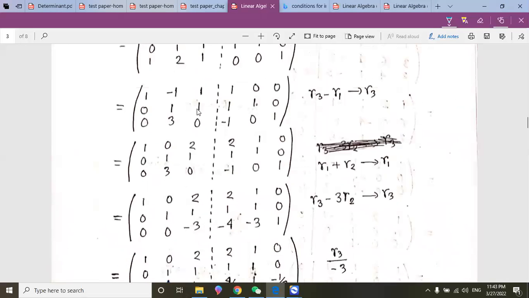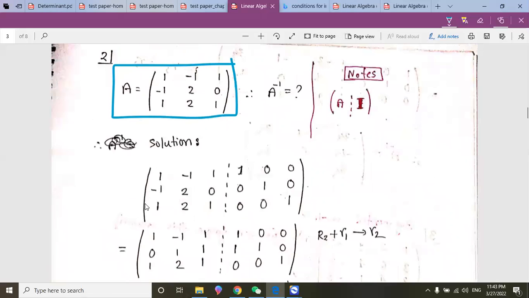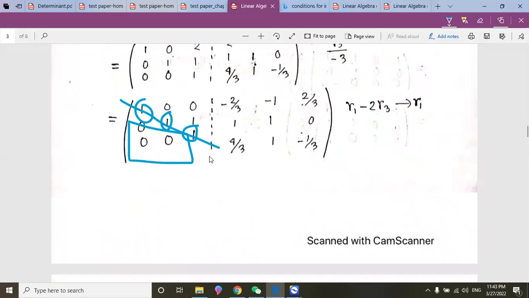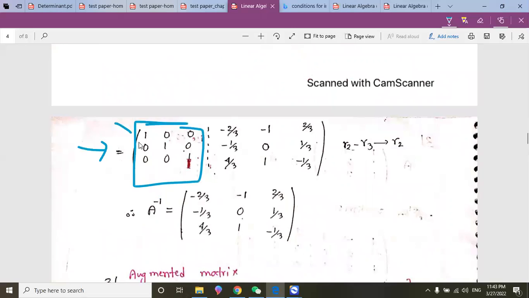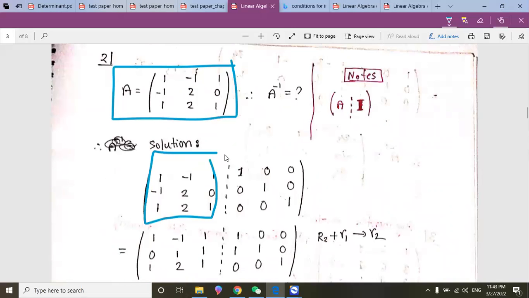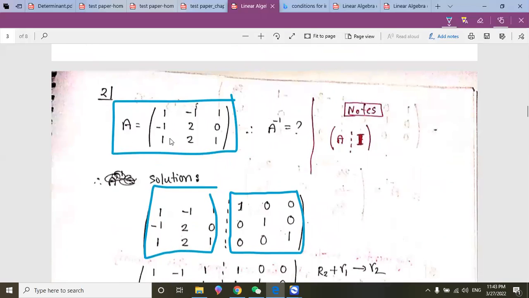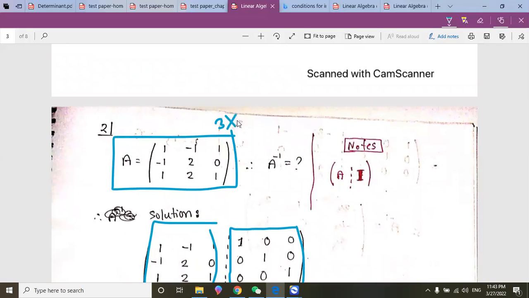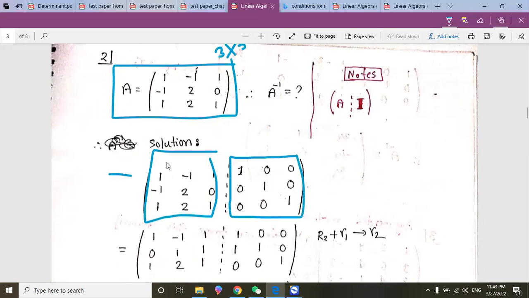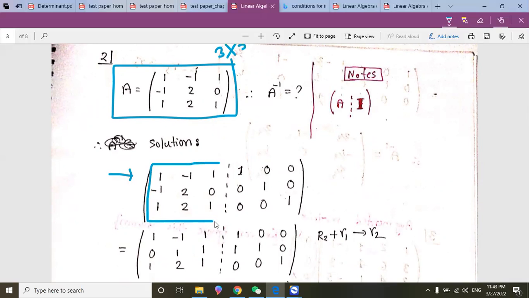So if we convert our A matrix into an identity matrix, then at the first line, firstly you just write down the matrix, and then you put a dotted line here, and on the right side you write down the corresponding identity matrix.